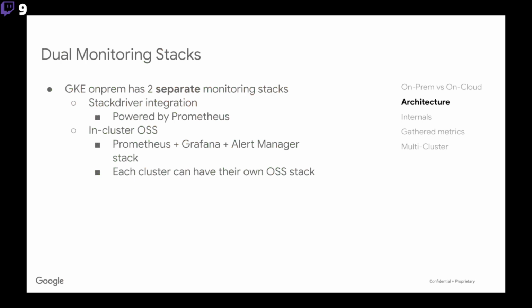So people can opt in by disabling the Stackdriver integration if they would like to, and then they can use the pipelines inside a cluster to monitor the clusters. Maybe, for example, your individual user clusters are assigned to different departments or different sub-organizations inside your organization, then they have a bit of an autonomous operation mode, and every one of the teams can have their own little monitoring stack.